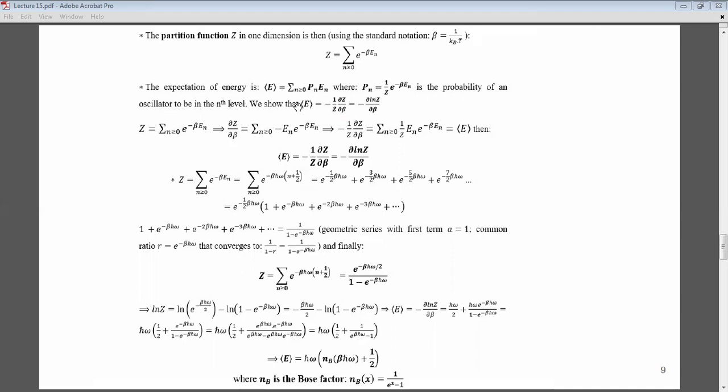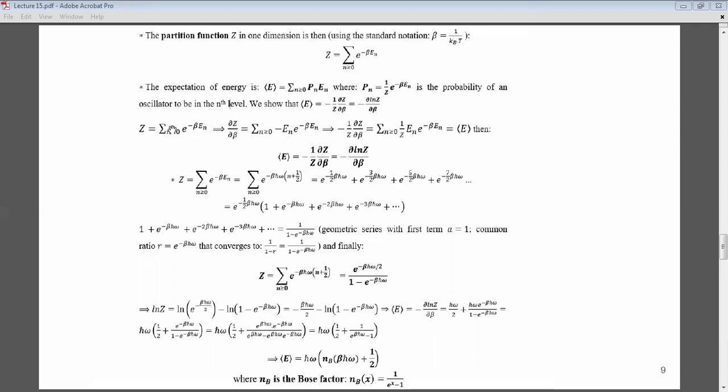Okay, so now we have that the expectation value of E is minus 1 over Z del Z by del beta, which is minus del ln Z by del beta. We're going to show this. We start with Z, the summation of e to the minus beta En. Del Z by del beta is what?